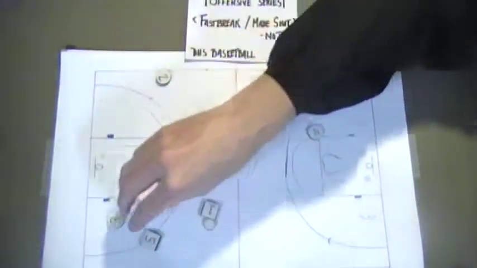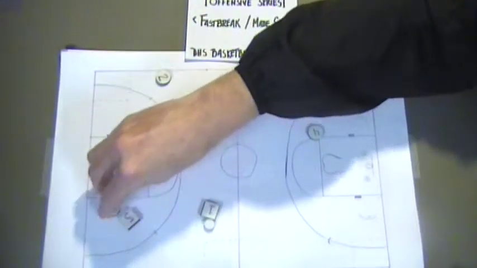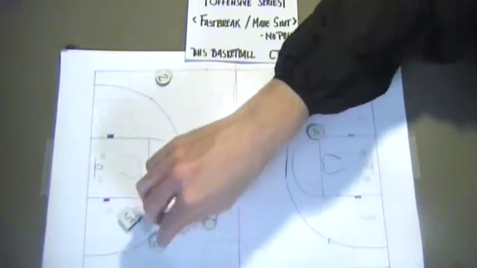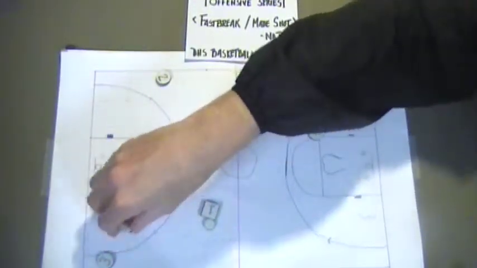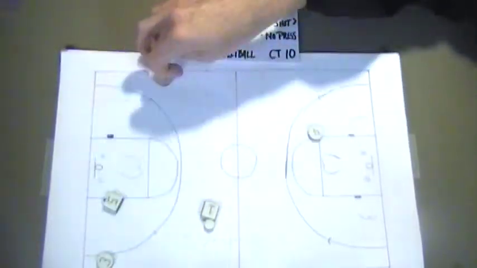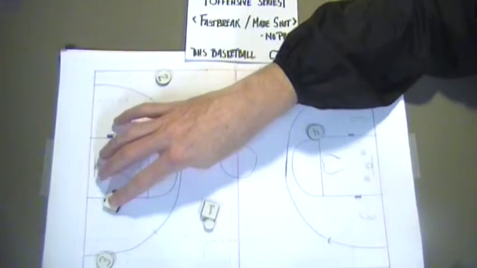Or they can stay over here and know that 5 sees that 2 isn't coming. 5 can set the pick on 3, and they can, based on where their person is, they can curl for a pass. They can go to the fade for a pass, and then a dump down, and then a weak side. But 5 is a screener.